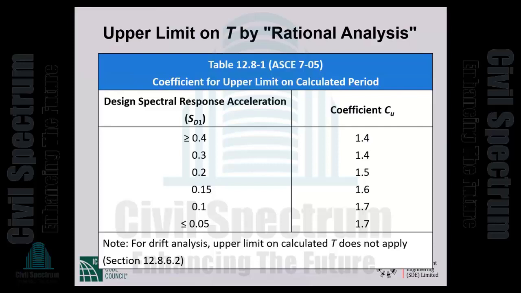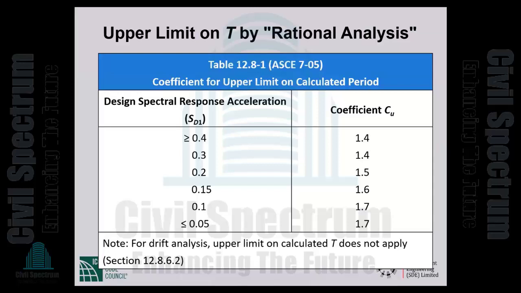ASCE 7 says something that is pretty important. In force calculations, you are always restricted to no more than 140% of approximate period in your case. In ASCE 7-05, that restriction need not apply in drift computations, because in drift computations, if you go with larger values of period, you will be penalizing yourself.